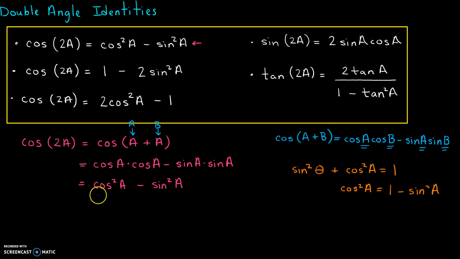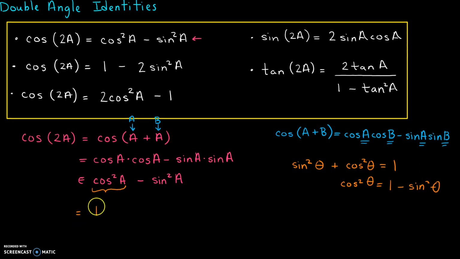These should all be thetas, but it really doesn't matter as long as I'm consistent. So instead of cosine squared a, I can write 1 minus sine squared a, and then I bring down the minus sine squared a that we already had.